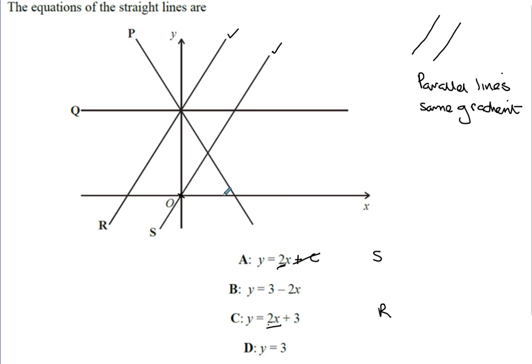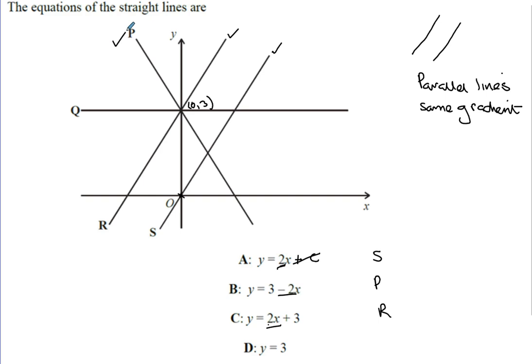Okay, let's look at line P. So by knowing that equation C, which is line R, crosses it at 0, 3, and we know line P has got a negative gradient, you can tell it must be 3 minus 2x, because that's got a negative gradient and it still crosses the y-axis at 3. So that's line P.